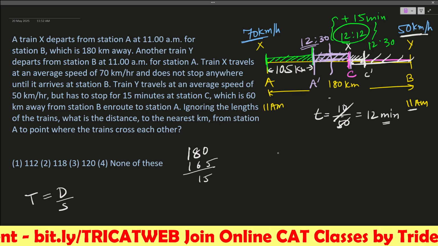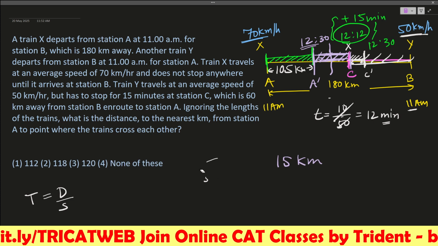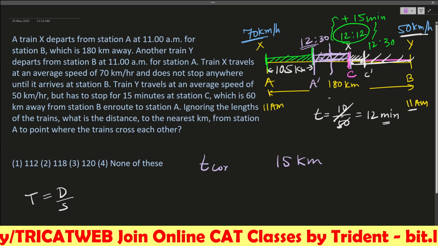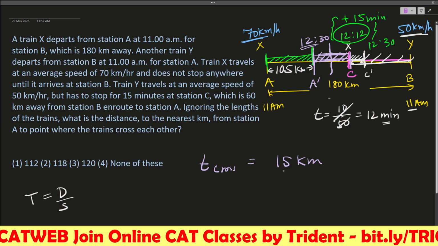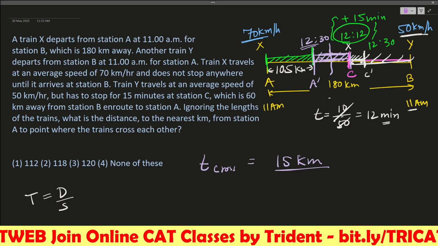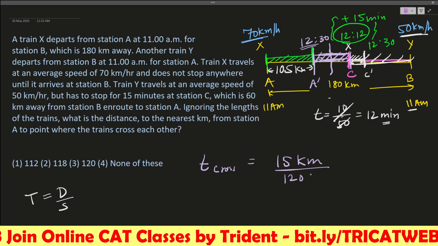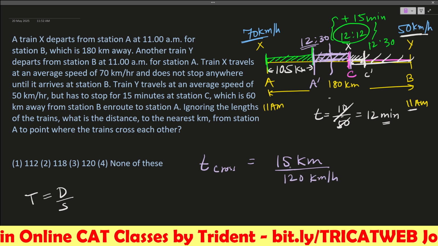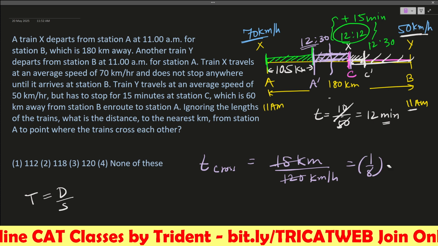That is going to be the distance separating them, that is 15 kilometers, upon the relative speed. Relative speed is nothing but 70 plus 50, that is 120 kilometers per hour. So this is 15 upon 120, so 1 upon 8 hours, you can say.